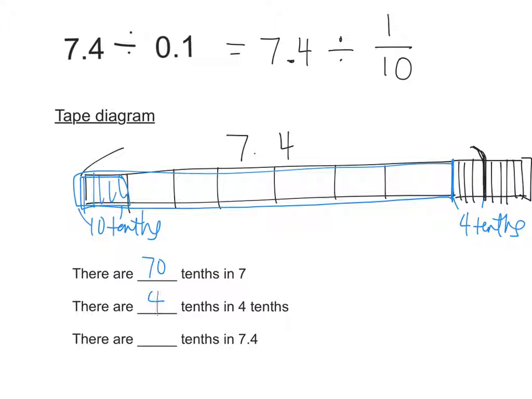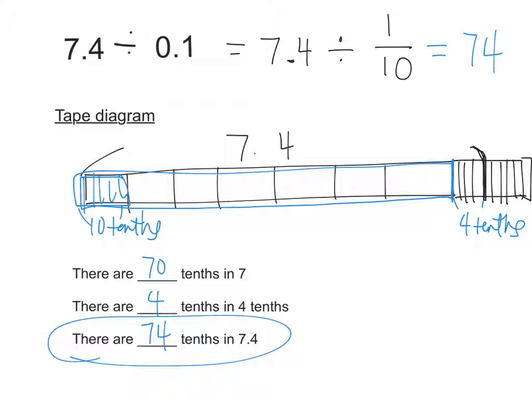So, altogether, how many tenths are there in 7.4? 74. So my answer, 7.4 divided by 1/10 equals 74. Because, remember, when we split this 7.4 up into 1/10 size pieces, we'll get 74 pieces altogether.